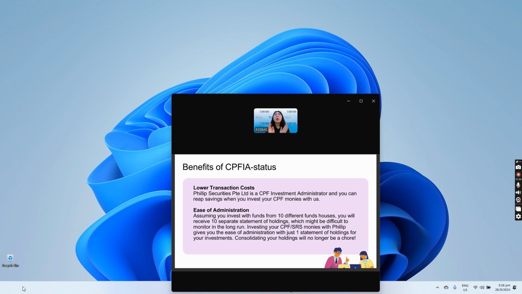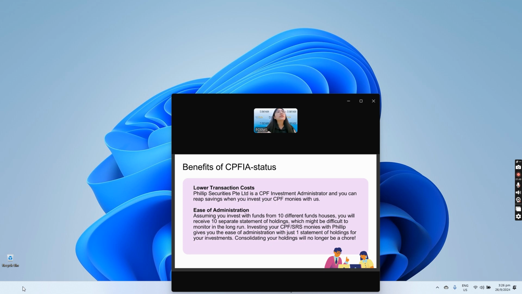But for OA, it doesn't matter whether you go online or through an FA, it's all zero charges. So in short, if you need advisory service, if you want to start growing your CPF money using unit trust and you don't know which fund to go with, you can let me know. Then I can suggest some of my preferred funds.